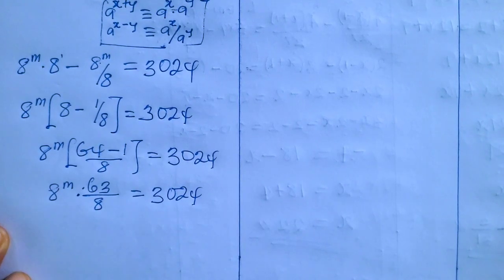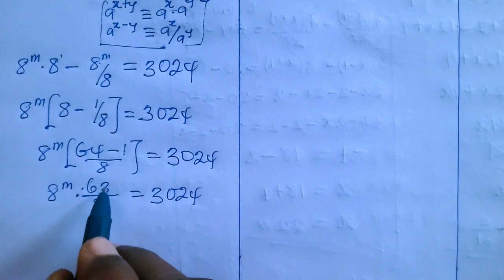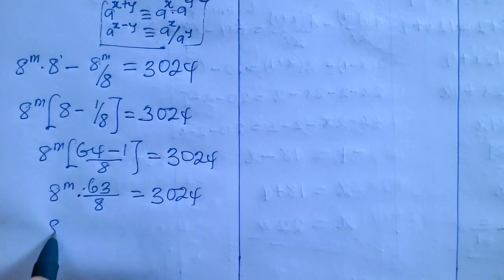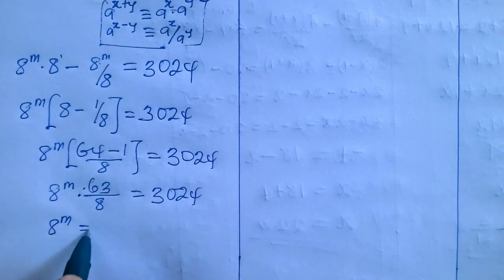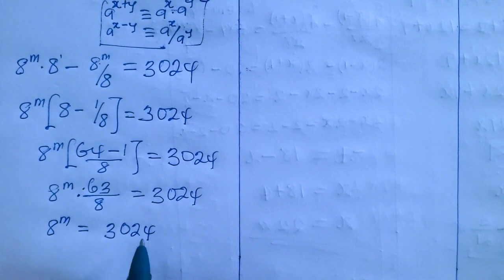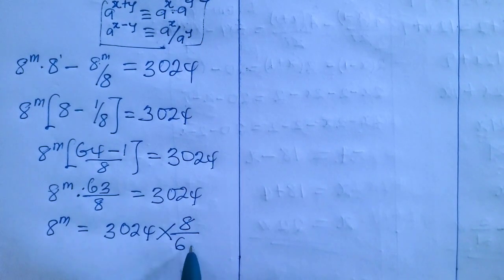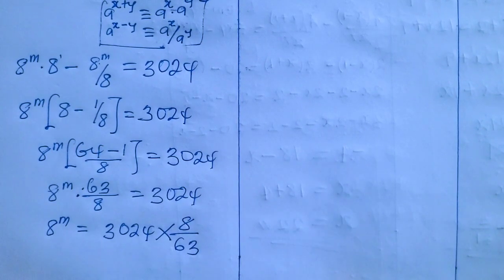At this point, we are going to multiply both sides of the equation by 8 all over 63. In that case, the 63 over 8 will be eliminated, and we have 8 to the power of m equals 3024 multiplied by 8 all over 63.